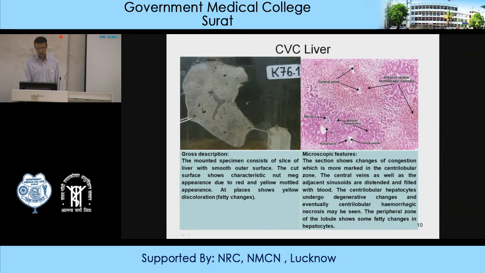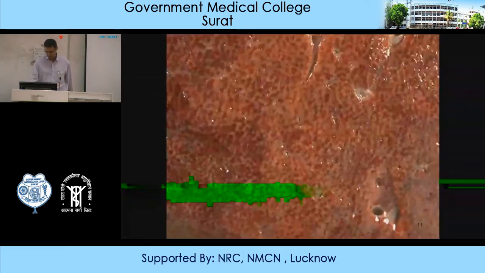So this is normal bile duct, portal tract and normal hepatocytes. Here there is hemorrhagic necrosis around the central vein. See, here there is a mottled appearance of the nutmeg liver.